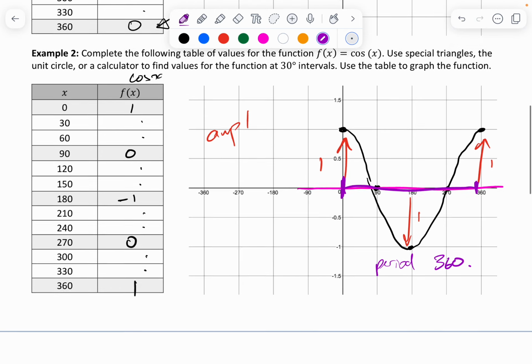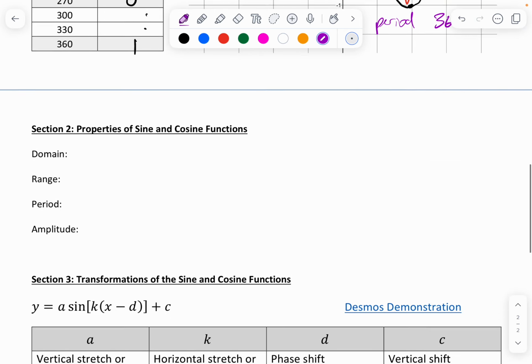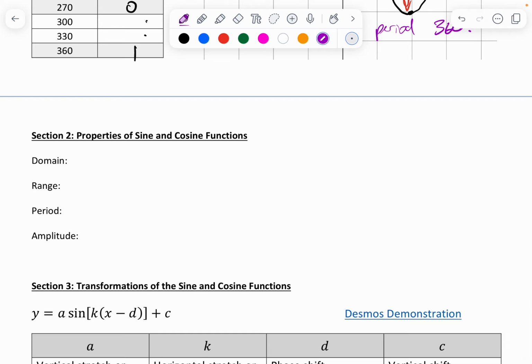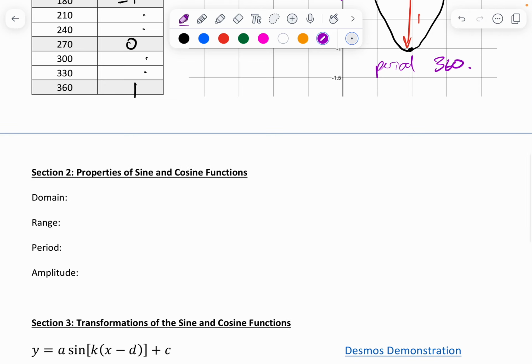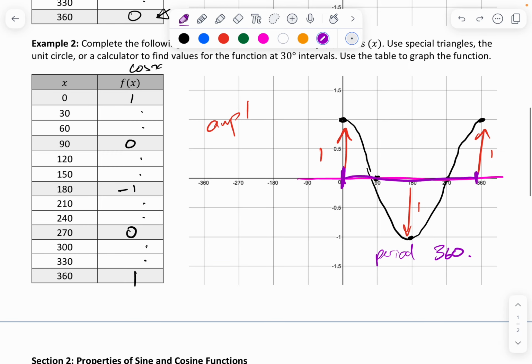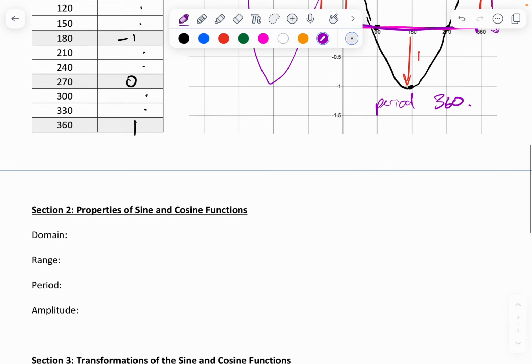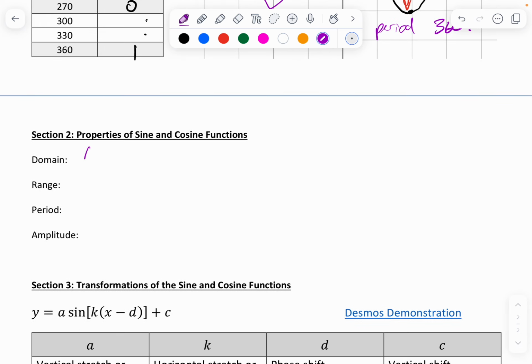So let's summarize a couple of things. These functions can take negative angles, and they can take bigger angles; they'll just continue. So the domain of a sine and cosine function is negative infinity to infinity.